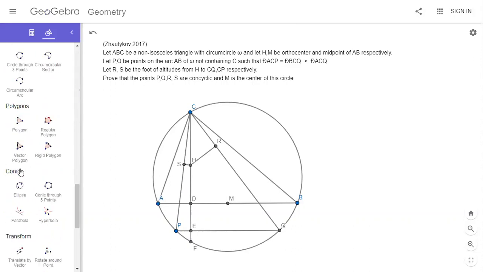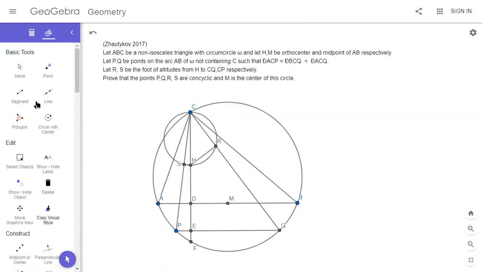So yeah, we know HSCR is cyclic. Basically this circle has diameter CH, and we know a lot about that circle, right? We have that AH and G are collinear and that IH and B are collinear, right? So yeah, we have this circle passing through 6 points. It looks a lot like Pascal's theorem, doesn't it?